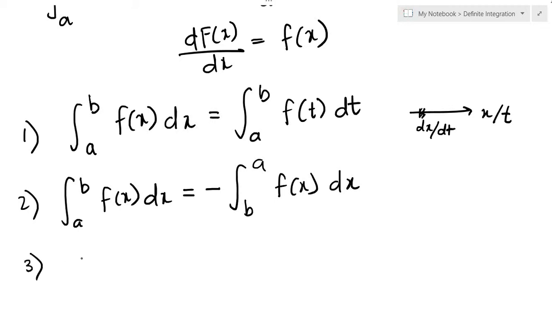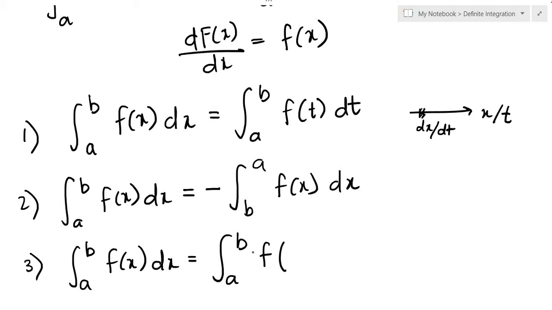The third property says, and I think this is the most important one from an exam point of view, the integral from a to b of f of x dx is equal to the integral from a to b of f of, basically you add the upper limit and the lower limit, a plus b, and then you subtract an x, dx. So this is basically what we call exploiting symmetry.